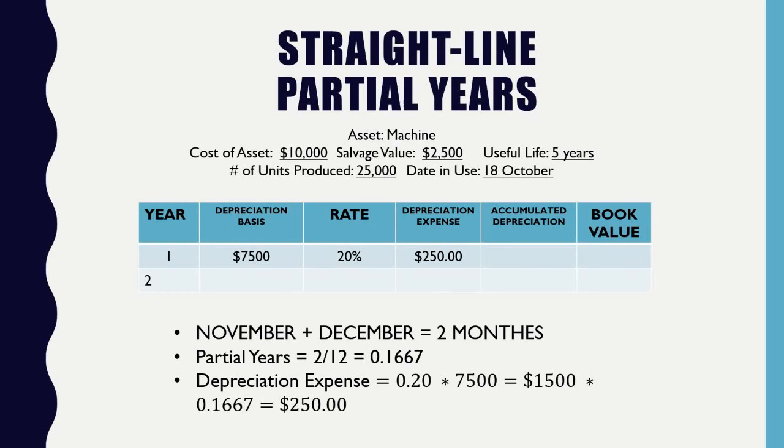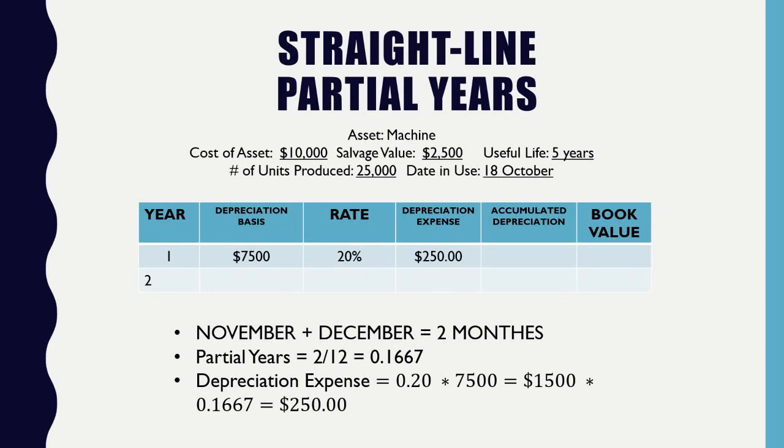It is 2 months old. 2 months out of 12 is going to be 0.166666666, right? So therefore, if I multiply that by my depreciation expense for that whole year, I'm going to determine that at the end of the day, $250 is going to be how much it's going to cost me for 2 months, okay, out of the whole year.